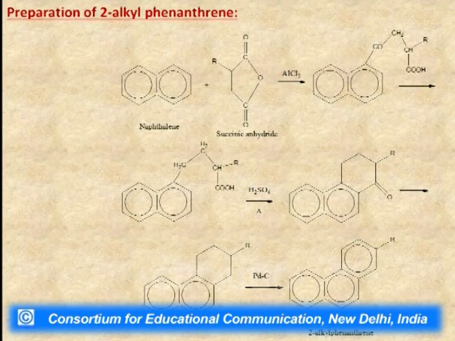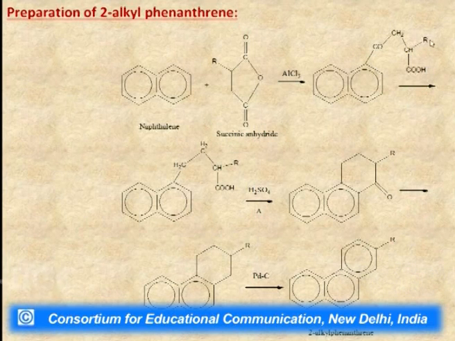We can also prepare 2-alkyl phenanthrene. We can also do the substitution at the 2-alkyl position. In this we have taken the naphthalene molecule along with the succinic anhydride. In the presence of aluminium chloride, we will get here the adduct in which succinic anhydride is attached at carbon number 1.